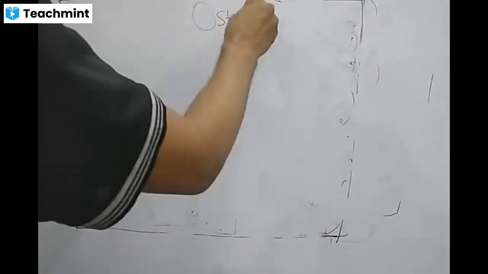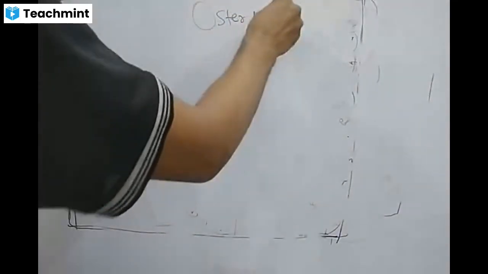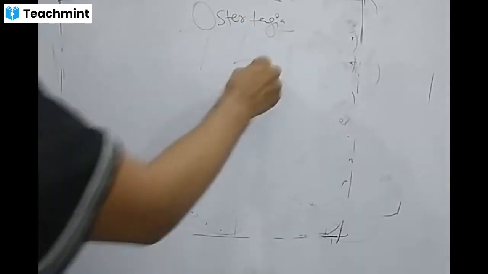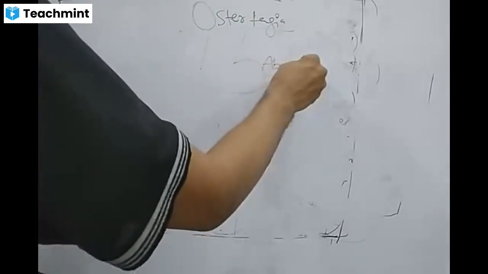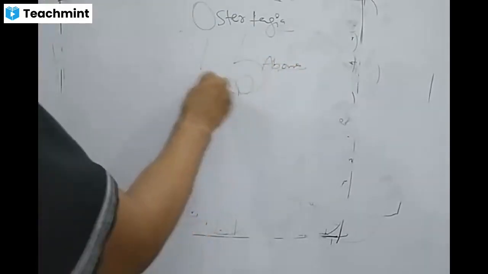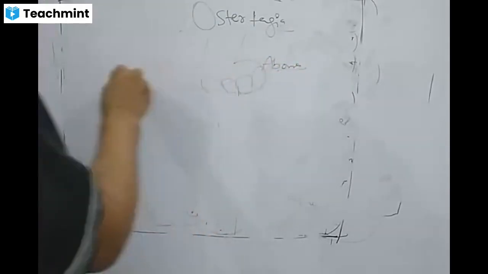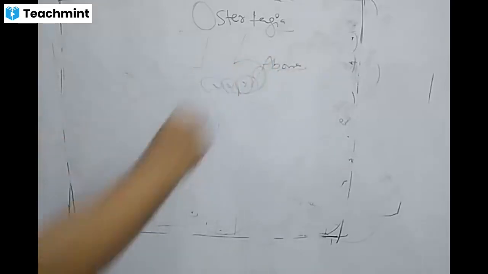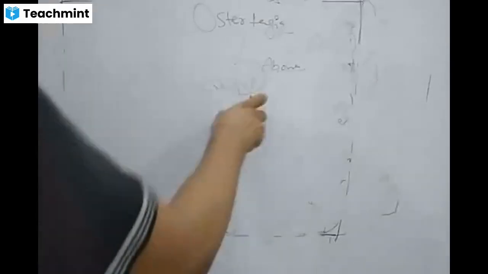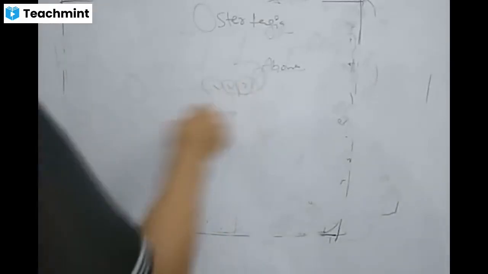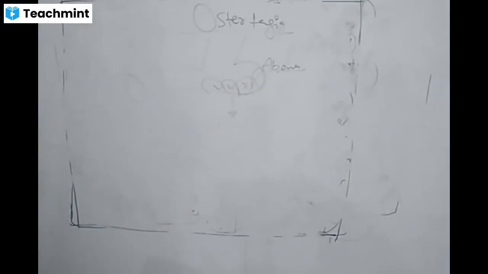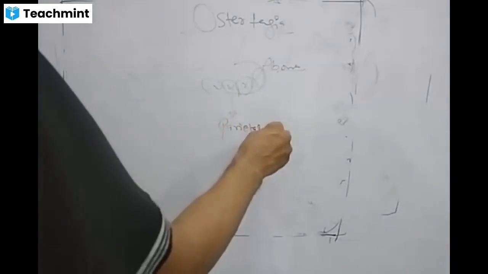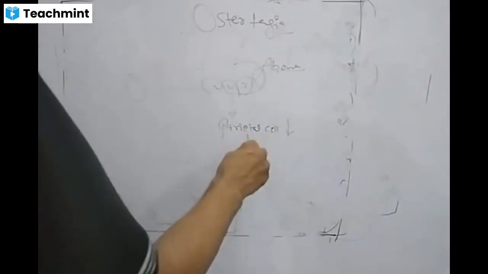Next, your GIT Ostertagia. This is very important because in the abomasum there are gastric glands, and this parasite destroys the gastric glands. If you destroy the gastric gland mass, then these parietal cells will decrease in number.